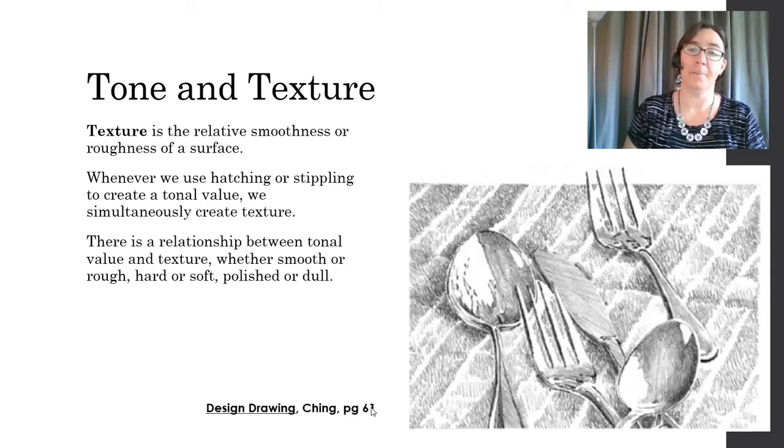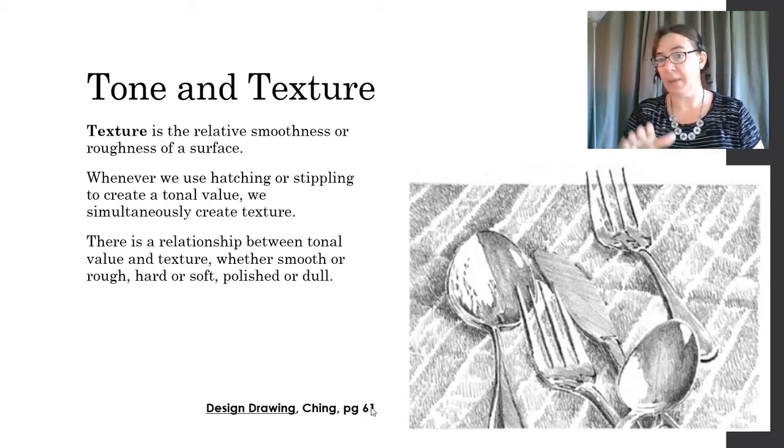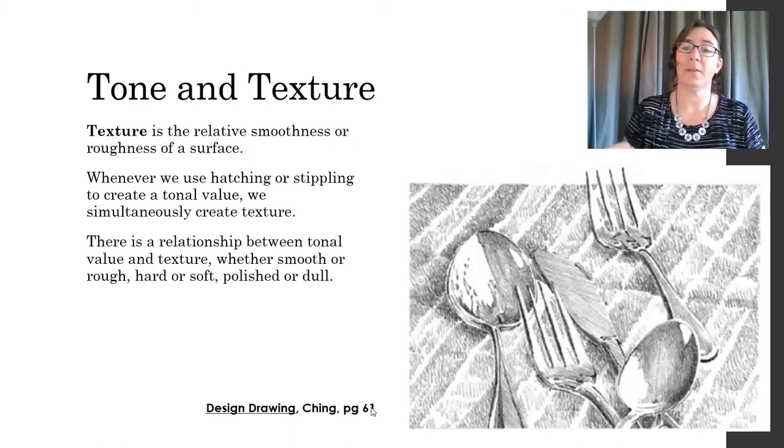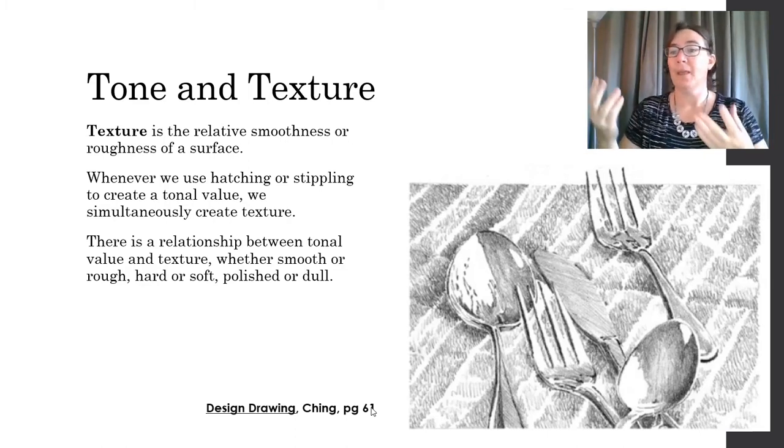So here you have on the screen an example of some different value techniques being used to create variations in texture. And so you can see the difference between the soft and fuzzy fabric underneath the smooth and polished silverware in this particular example.